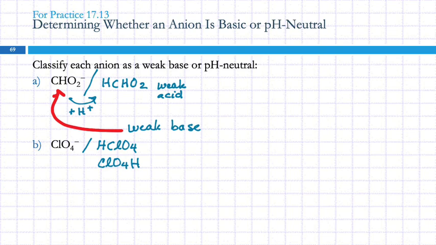It's not technically wrong, but you're probably not going to recognize that. Write it so it looks like an acid to you. Because if this is an anion, we can write a conjugate acid. Is this acid strong or weak? Strong. So a solution of ClO4 minus, is that going to be basic or pH neutral? It's going to be pH neutral. Any questions?